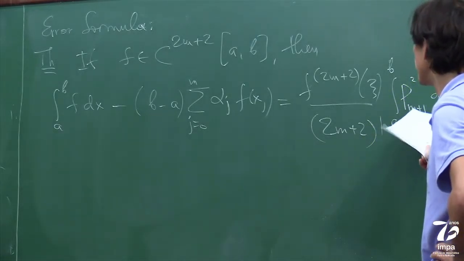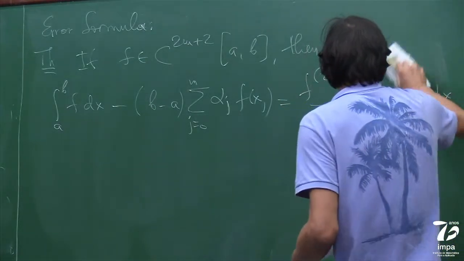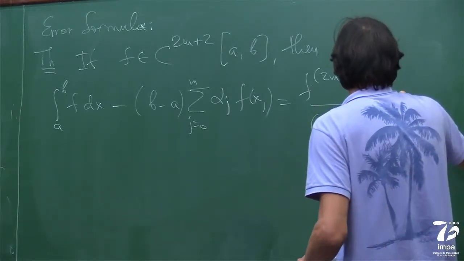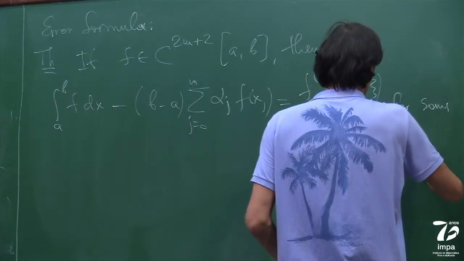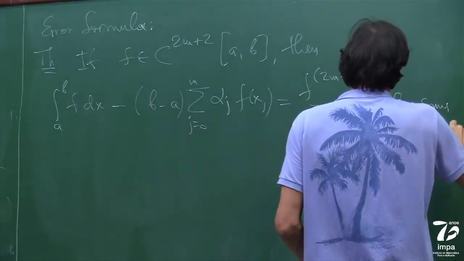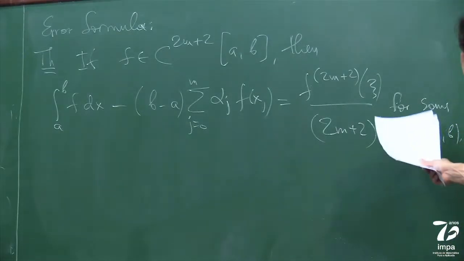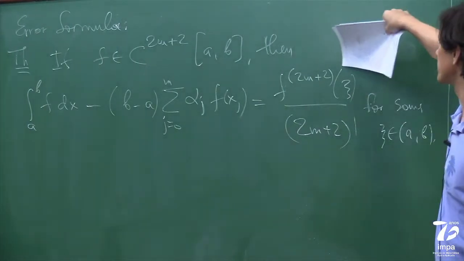And if they are orthonormalized, this is just 1, right? So let's write it like this then. For some point from the interval. So essentially, there is a very clear error: the error that we have is directly given by the next derivative.